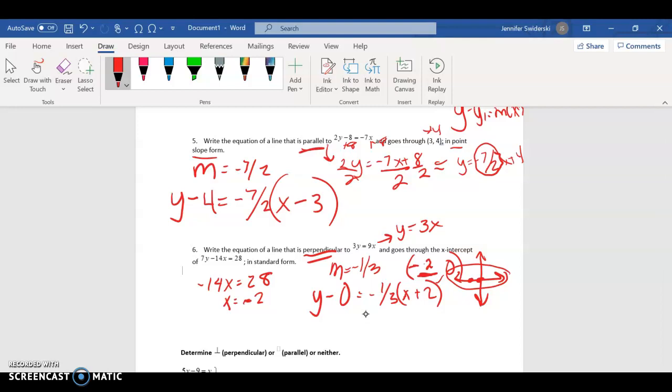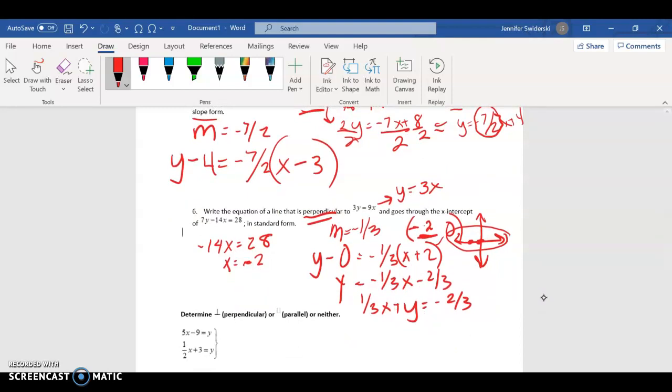I'm going to end up getting negative 1/3 x minus 2/3. Okay, we kind of actually have slope-intercept form now. Well, I'm going to add 1/3 x to both sides. So I get 1/3 x plus y equals negative 2/3. Can't have fractions, so I'm going to multiply everything by 3 to clear out that fraction. So we get x plus 3y equals -2. There it is, standard form.